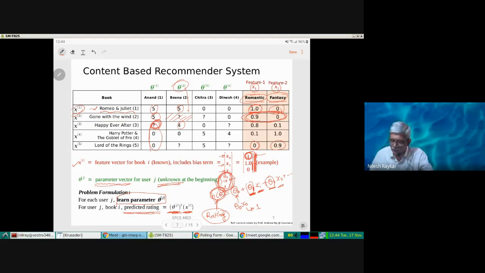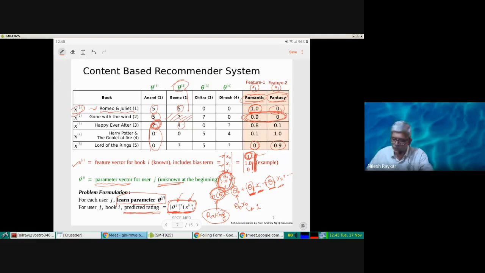So using this expression, we can predict the rating of each of the books. Some of the books' ratings are already known to us, so we'll use that information to define our error function. Using this equation, where thetas are unknown and x are known, for each book we can predict the rating. Out of all the combinations, for some the rating is already known.